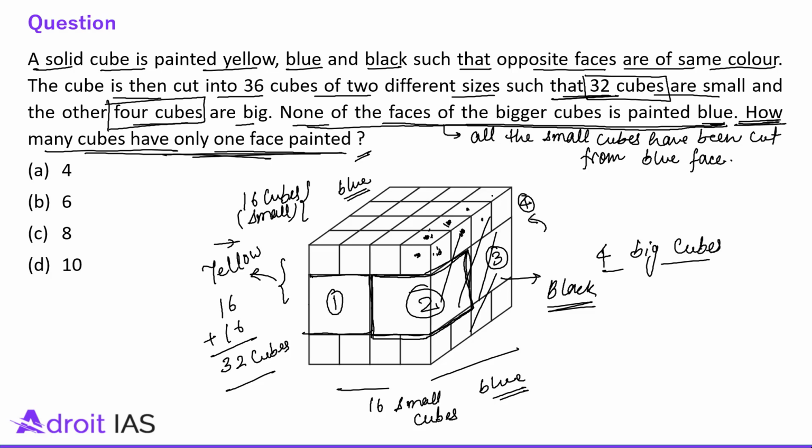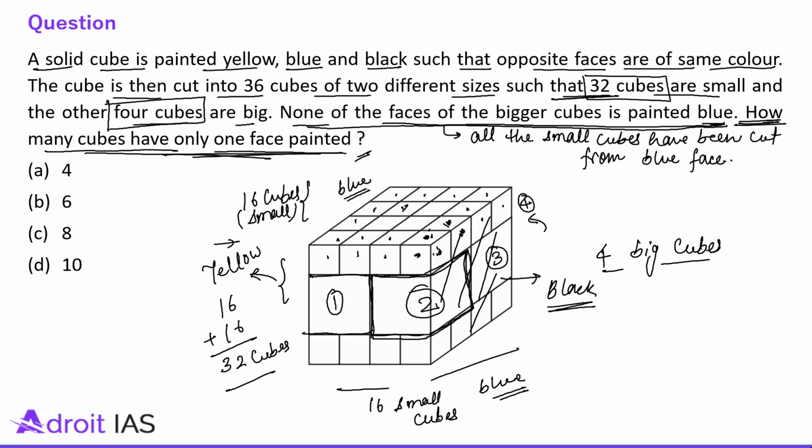This will also have 2 faces painted, this will also have 2 faces painted. Fine. So we will not take into consideration the cubes which are situated in the corner and the cubes which are situated on the edges, right?